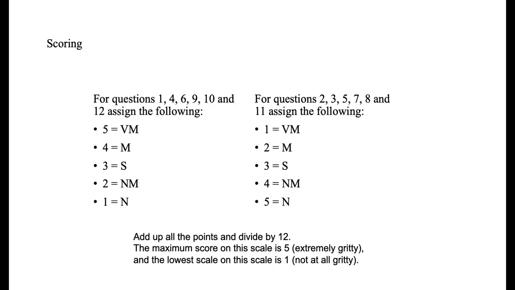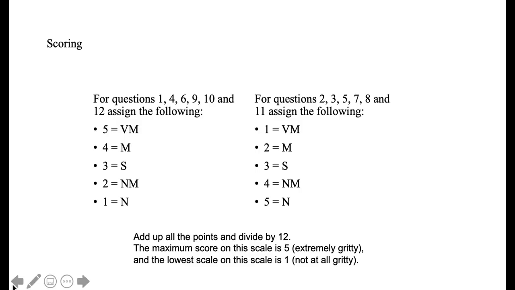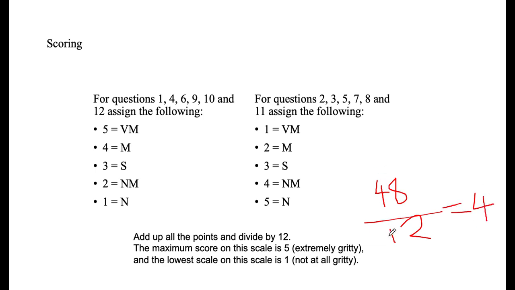Let me see. Okay, there you go. So if you got, I don't know, 48, that's pretty high, right? That would equal what? 4. So if you get 48, divide by 12, you get 4.